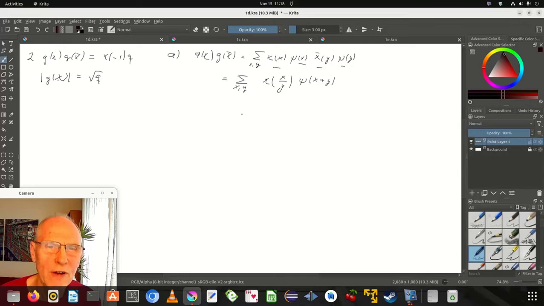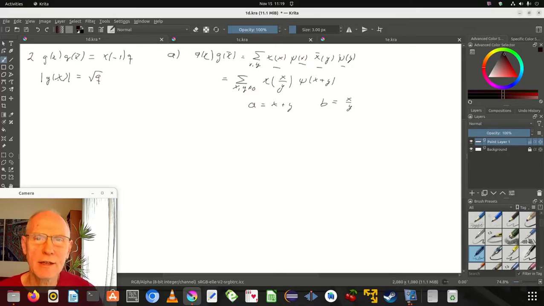So we make new variables. a equals x plus y and b equals x divided by y. And here, of course, y is distinct from naught. Then this will vanish anyway.